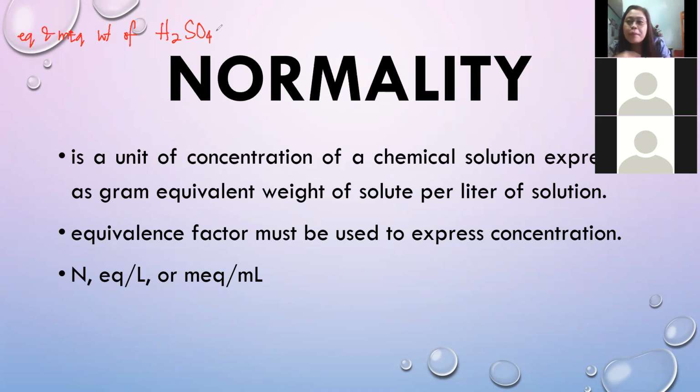Ang i-whole number ang atomic weights sa kada element. So for example, sa hydrogen, you just use 1. For sulfur, 32? I'm not sure with the sulfur. I-round off siya to the whole number ang atomic weights nila.